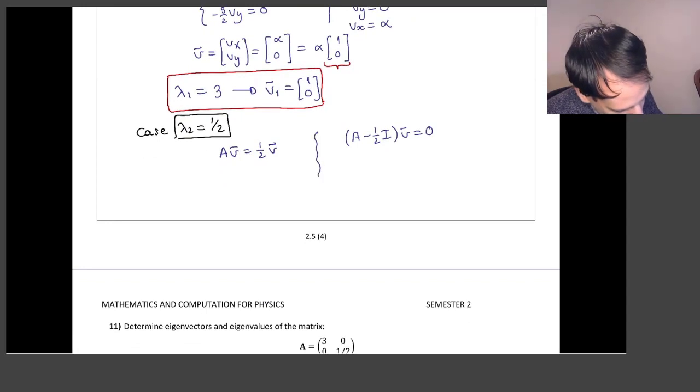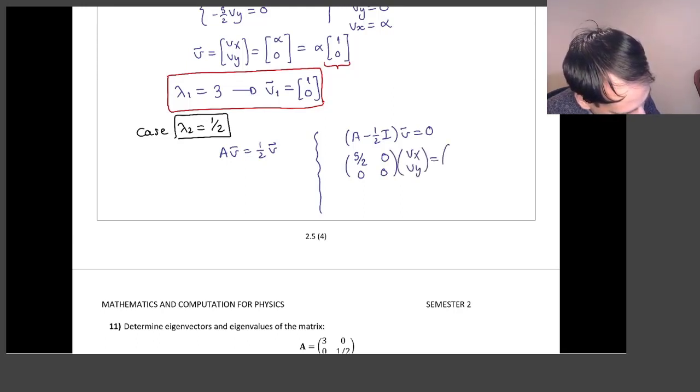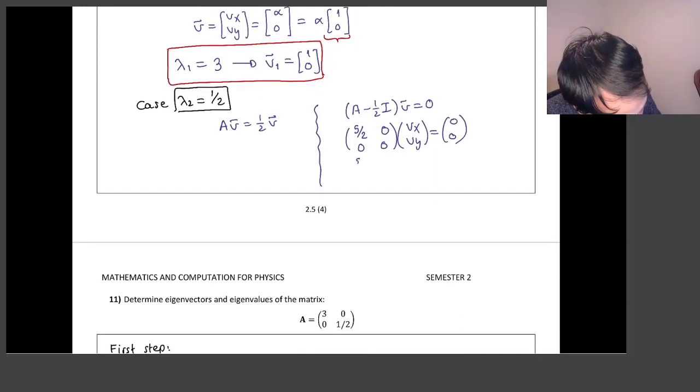Let's go with the one on the right. So A minus a half I: we have 3 minus a half, that's 5 halves, then 0, and then a half minus a half, that's 0, times vx, vy equals 0, 0. Which means that 5 halves of vx equals 0 and 0 equals 0.